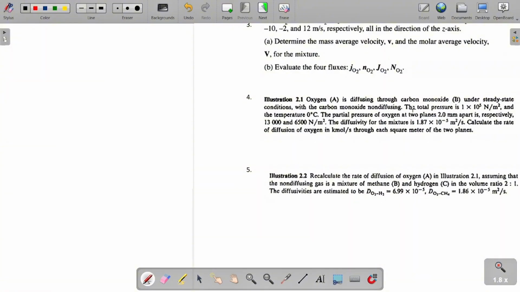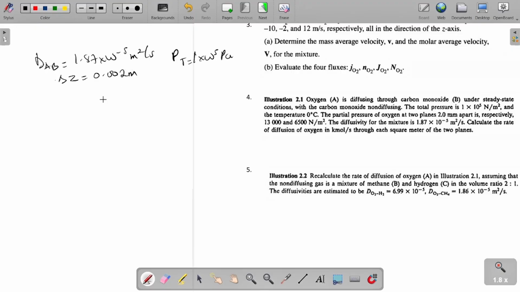The question gave us a DAB of 1.87 times 10 to the power minus 5 meters squared per second. They give me a total pressure of 1 times 10 to the power 5 Pascal. And it said that the change in Z is 2 millimeters apart, which is 0.002 meters.